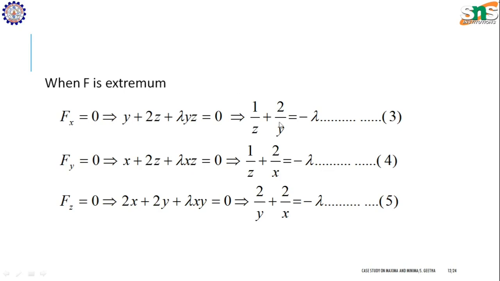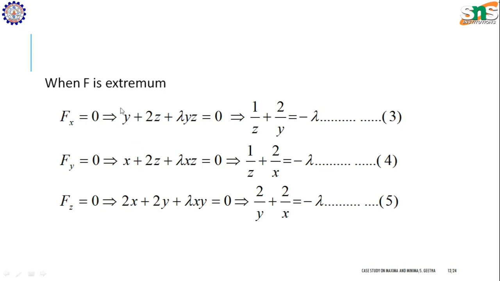When F is extremum, Fx equal to 0, Fy equal to 0 and Fz equal to 0, which implies y plus 2z plus lambda yz equal to 0, x plus 2z plus lambda xz equal to 0, and 2x plus 2y plus lambda xy equal to 0.